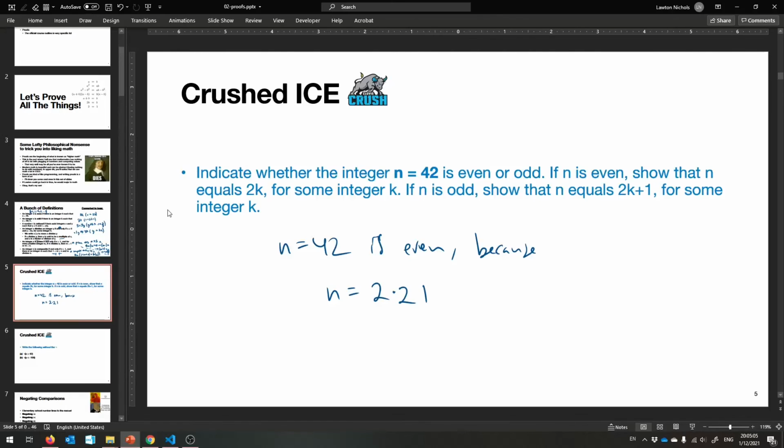And its evenness now follows from the definition. The definition of even is n equals 2 times k for some k. Well, here's your k. It's even. That's how you prove it.